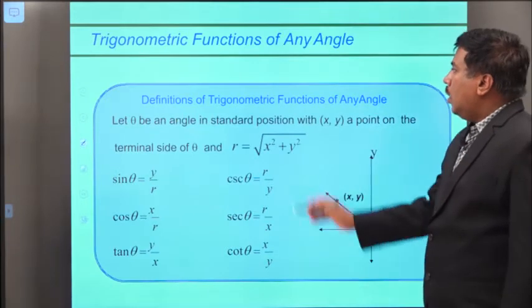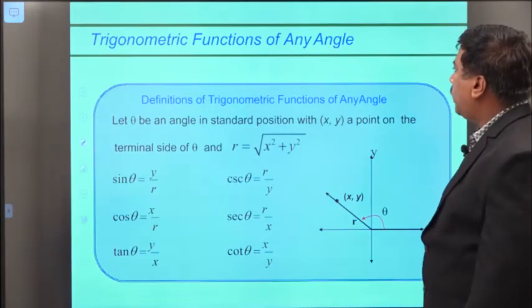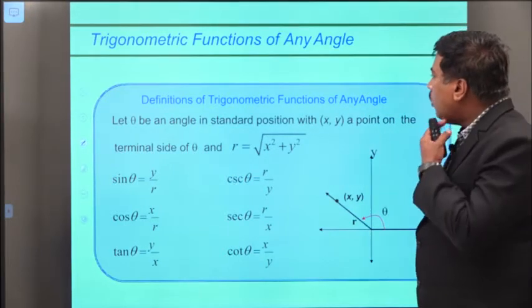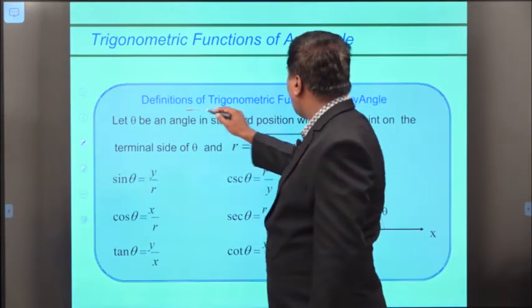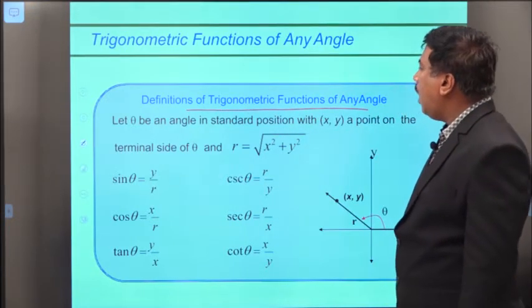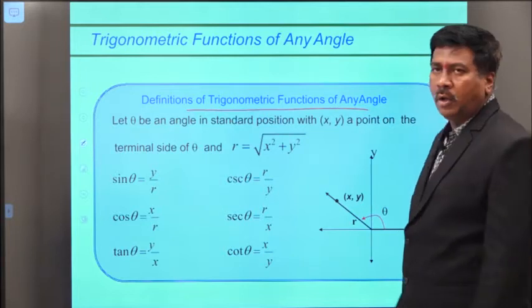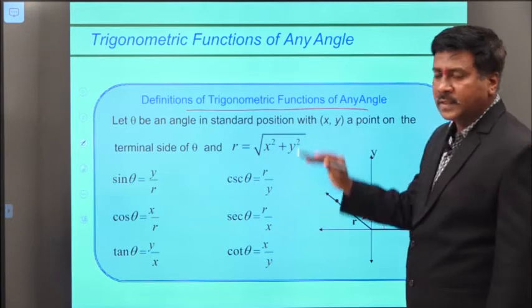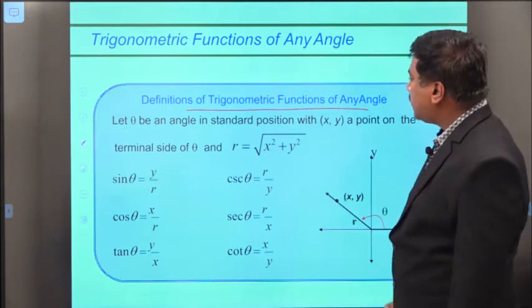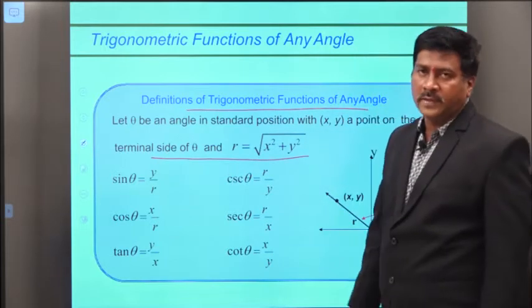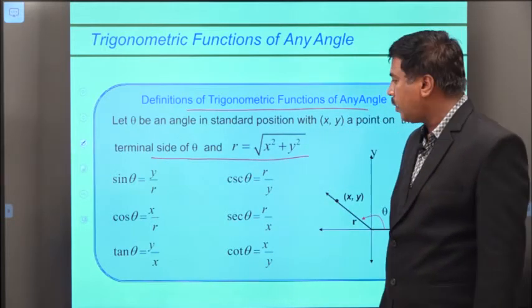Now, the next concept is trigonometric functions of any angle. Please all of you look at the board, that is the definitions of the trigonometric functions of any angle. Let theta be an angle in standard position with P(x, y) being any point on the circumference of the circle, on the terminal side of theta, and r is equal to the square root of x squared plus y squared, because this is the hypotenuse.